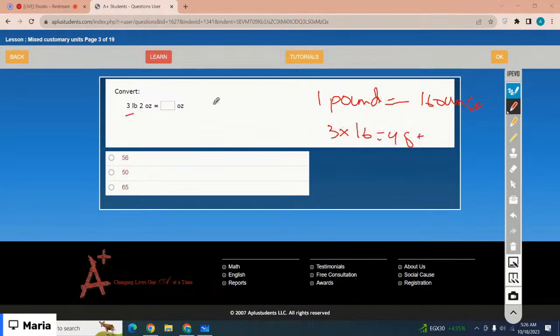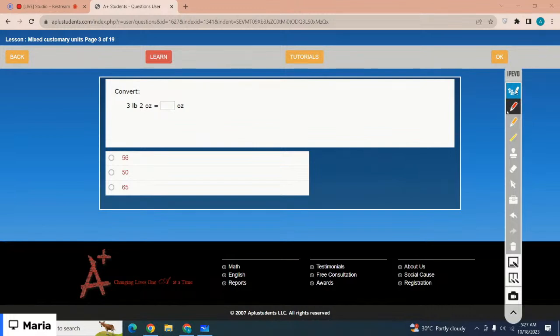Then you add the 2 ounces you already have, so 48 plus 2 is 50.